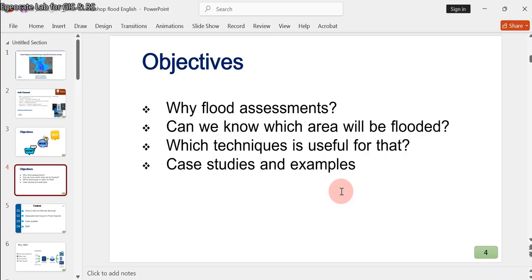Which technique is useful, which technique can we use for flood susceptible areas? And in the last part of this seminar, I will try to give you some examples, some case studies which we studied in the last 5 years, and we will show you.